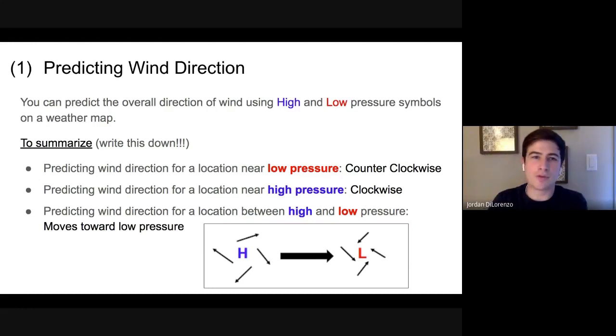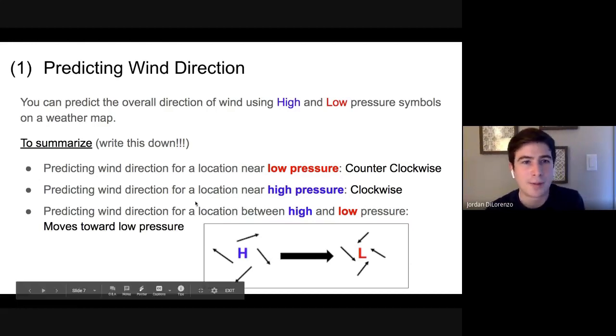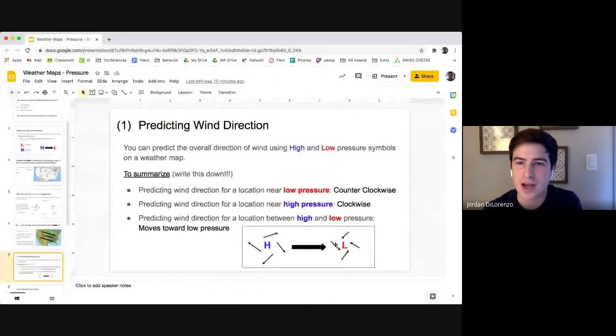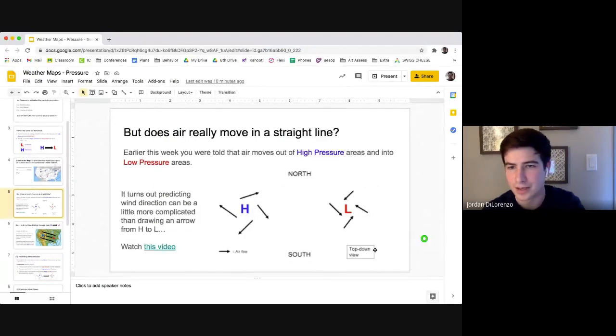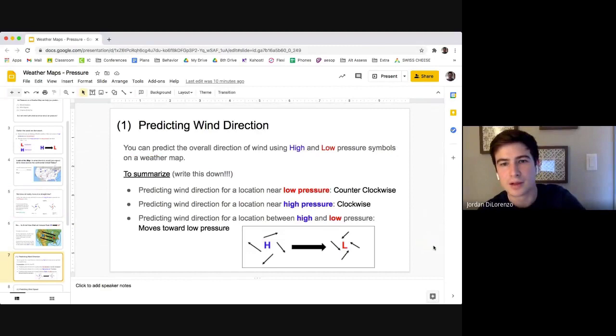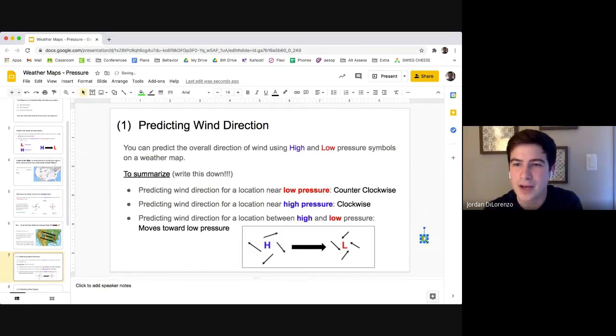I went over this recently, but you can predict wind direction based on where it is relative to high and low pressure areas. Just to reiterate from earlier, if you are near a low pressure zone, I would recommend drawing arrows that are going in the counterclockwise direction around it.